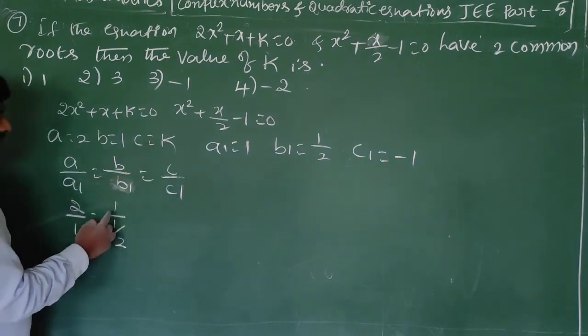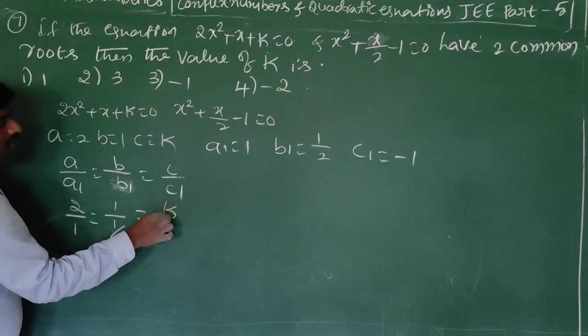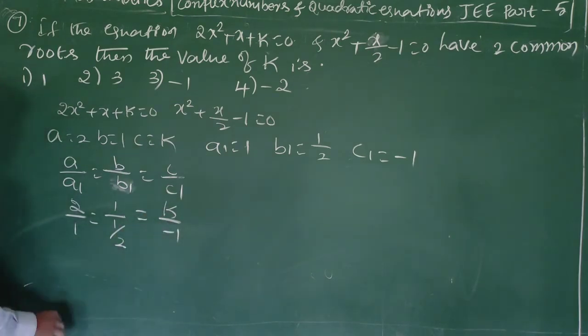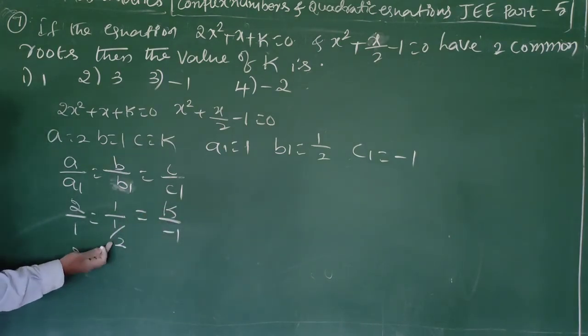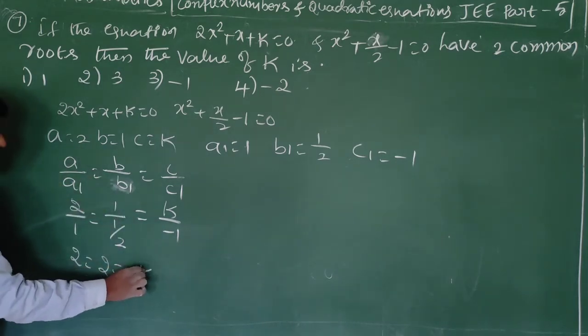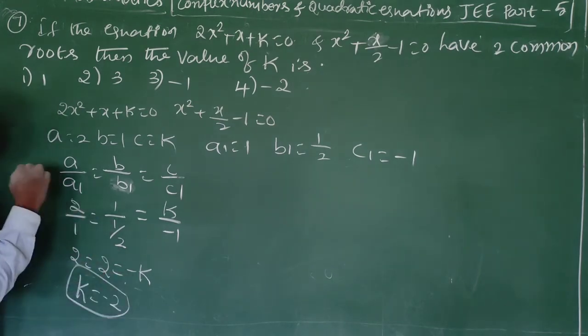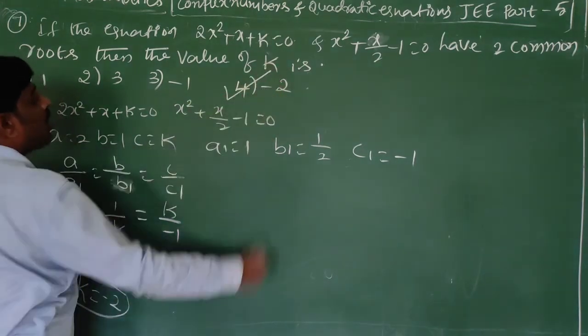So b by b1 is 1 divided by 1 by 2, c is k, c1 is minus 1. That is, 2 is equal to 1 by 2 shifted to the numerator, which means 2 is equal to minus k. Therefore, k is equal to minus 2. So, which option? Fourth option.